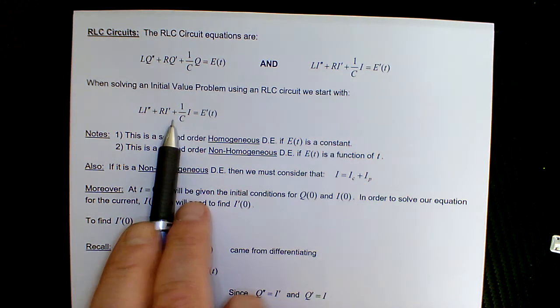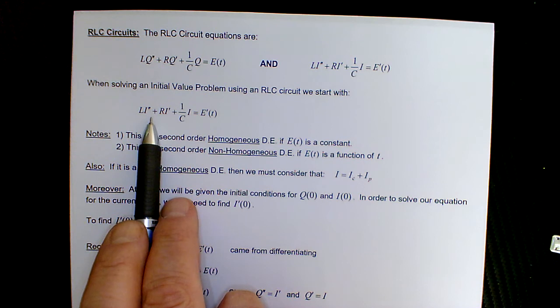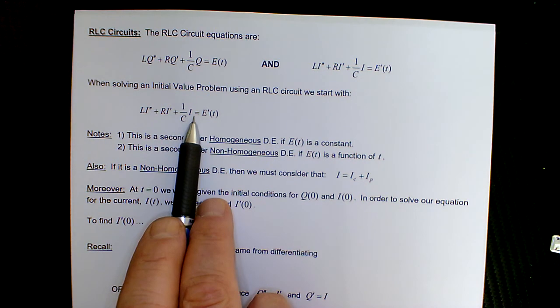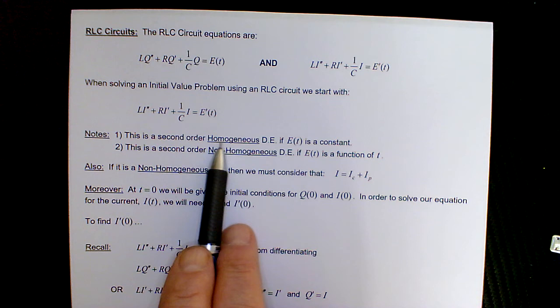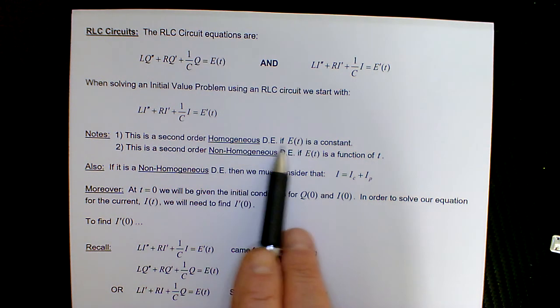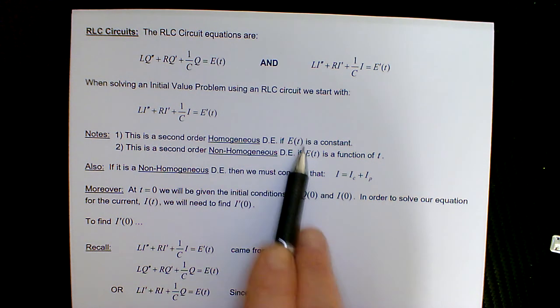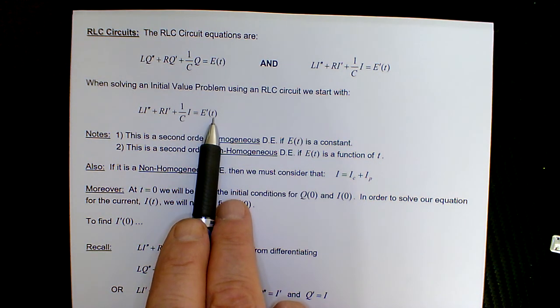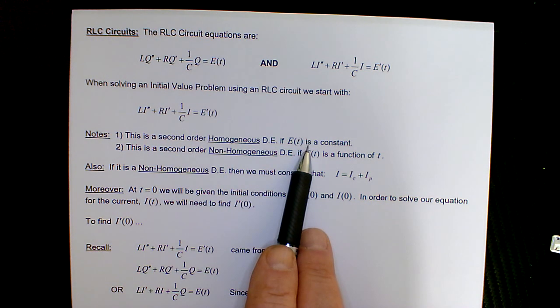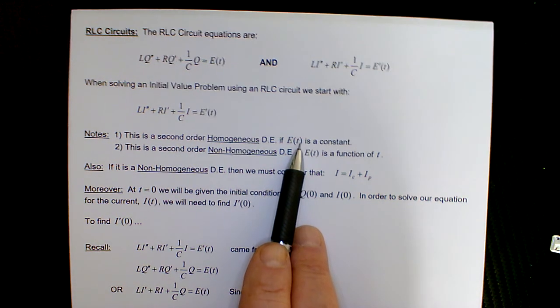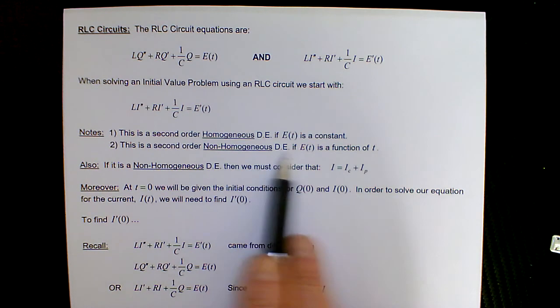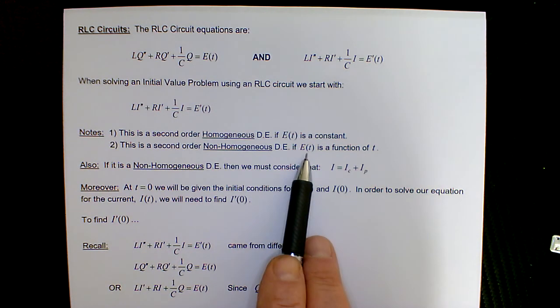So we're going to start now with this Li double prime equation. And a couple things to note, that it's homogeneous if E of t is a constant, because notice it's equal to E prime of t, and if E of t is a constant, then its derivative is just going to be 0. It's non-homogeneous if we have a function of t for E of t.